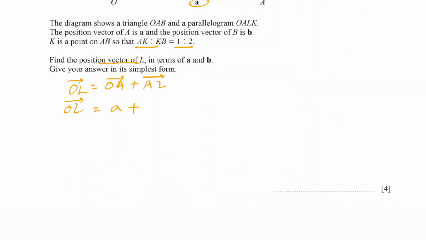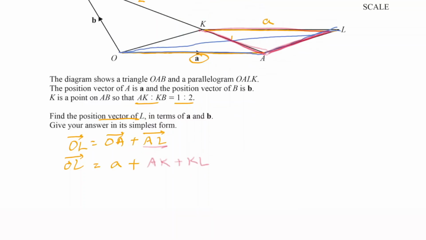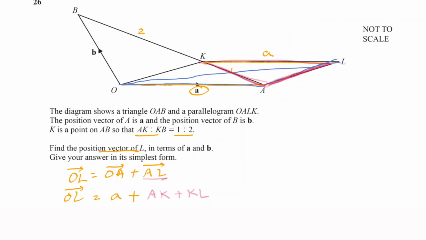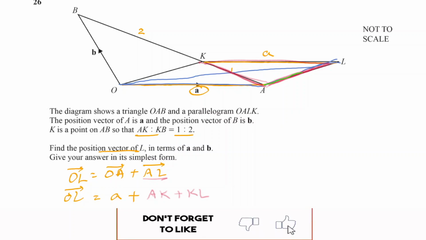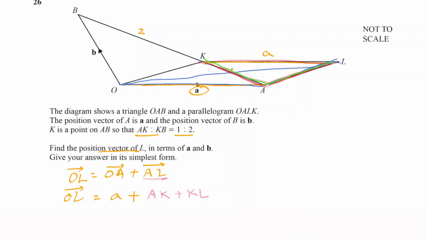So we can write AL as AK plus KL. I wrote this AL vector as AK plus KL, I hope you understand what's going on there. With the green pen, AL vector is equal to AK, A to K, and K to L, right?